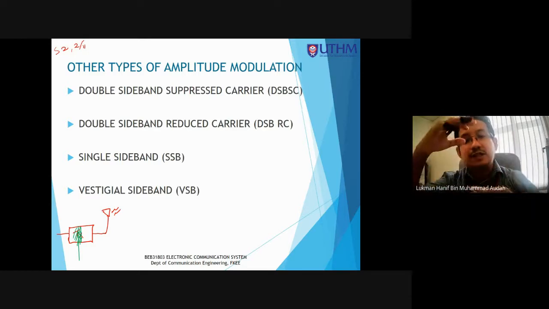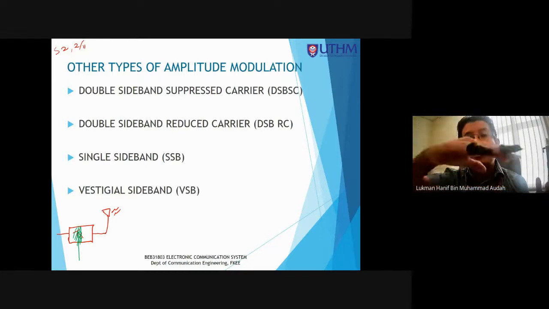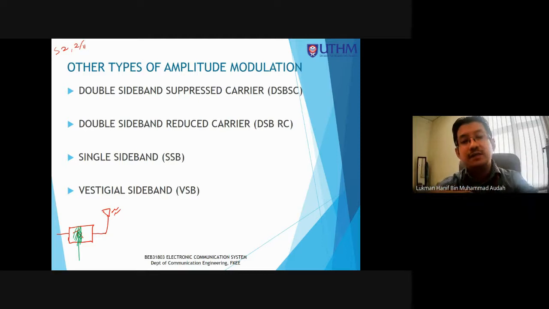So maknanya carrier punya karakteristik itu berubah-ubah dari segi amplitude, dia punya tinggi dan rendah. Tinggi rendah ini menunjuk kepada voltage. Dia punya voltage naik turun itu berkadaran dengan perubahan amplitude daripada input. Manakala frekuensi dan fasa carrier tetap sama. Dalam AM frekuensi dan fasa carrier masih sama, tidak ada perubahan.